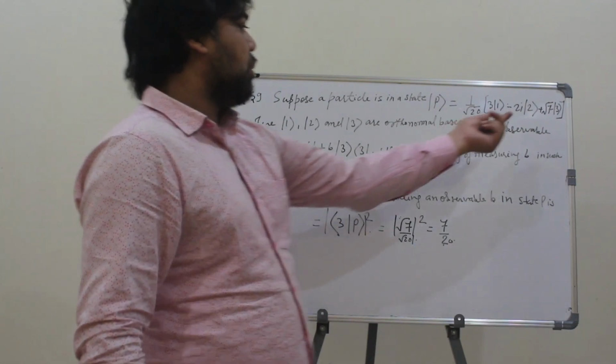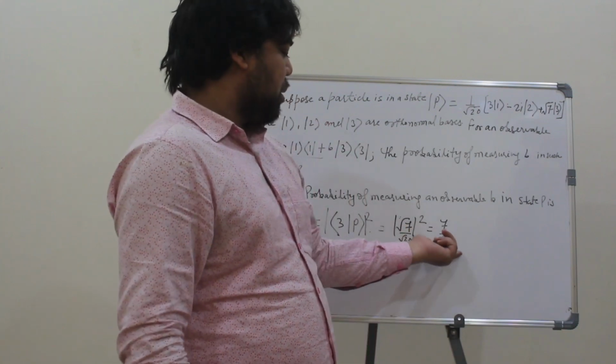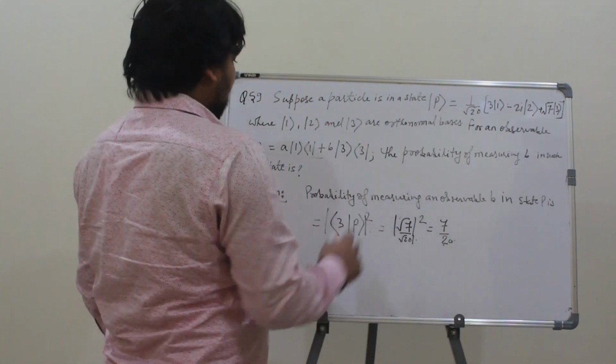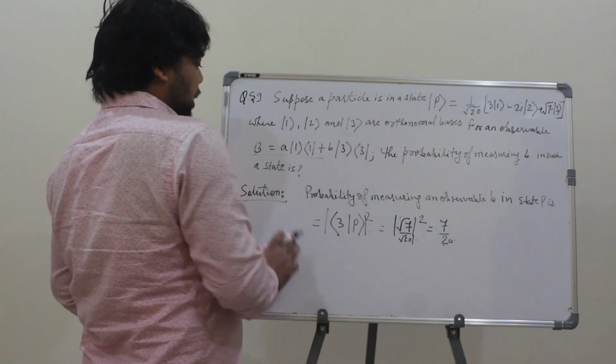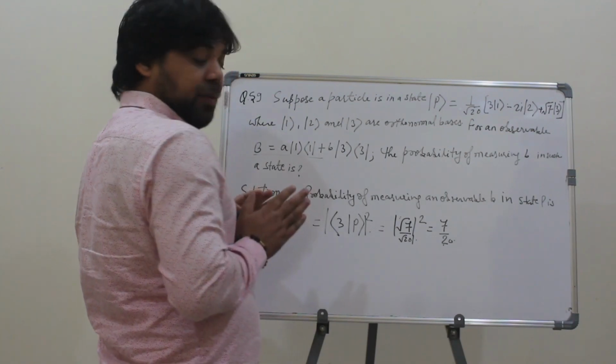It will give you the c squared, which gives you the probability. So problem number 59 is very simple but very significant.